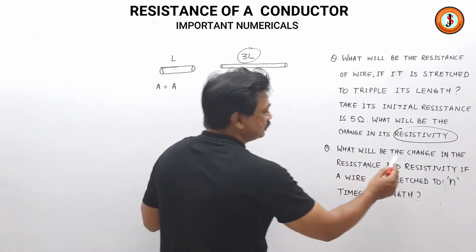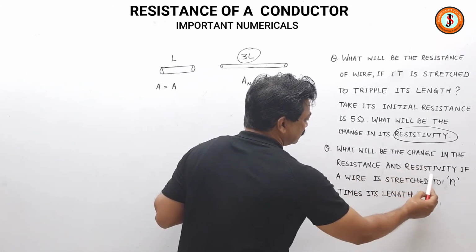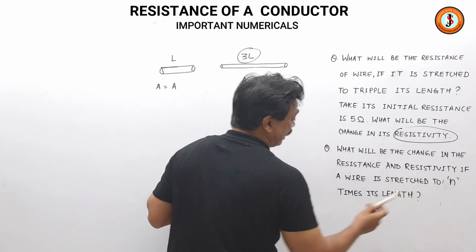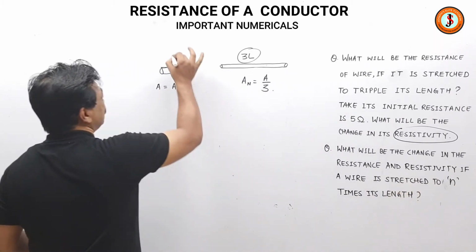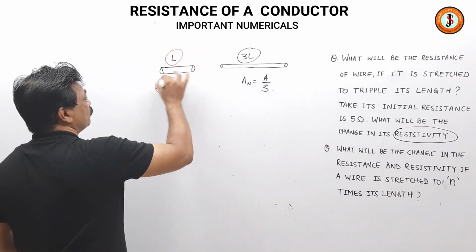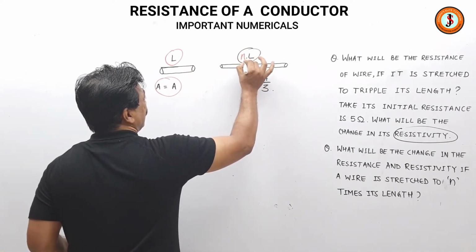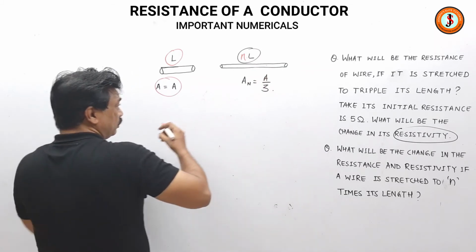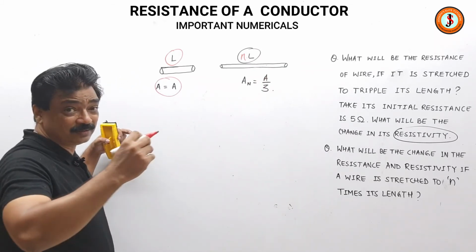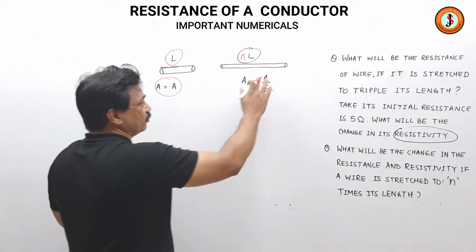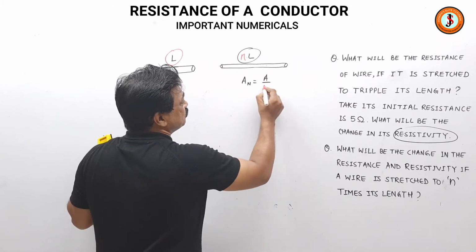What will be the change in the resistance and resistivity if a wire is stretched to n times? So suppose the original length is L, and the area of cross section is A. Now the new length will be n times the old length. So when you are stretching it, the length increases n times, then the area of cross section decreases by n times.